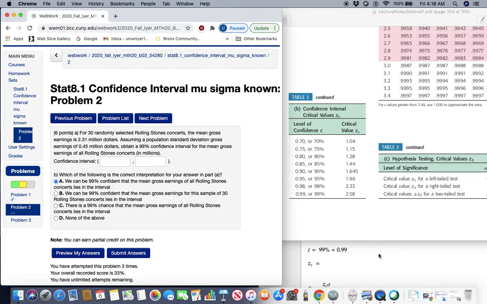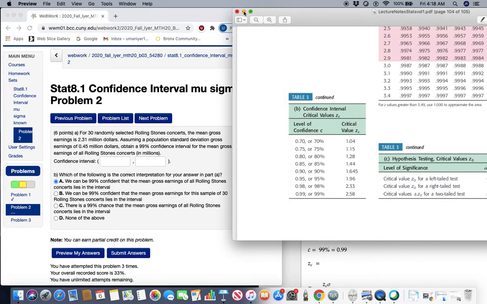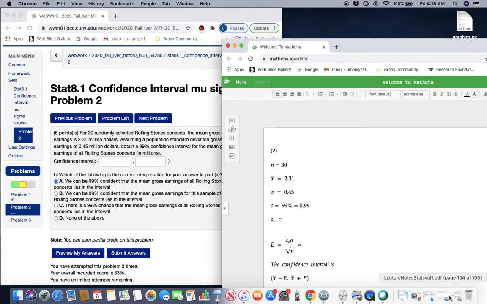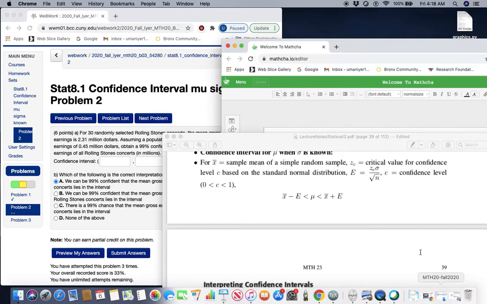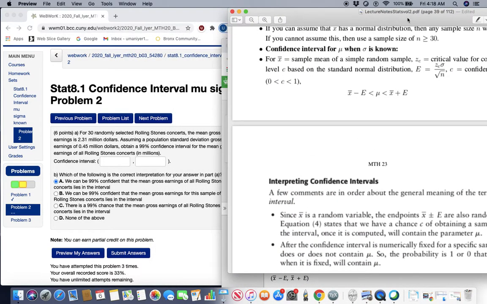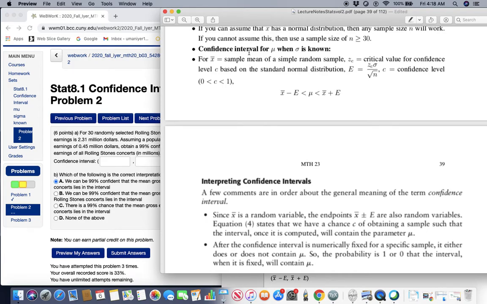So you want to build a confidence interval. Let's go back to the theory here. So what do we know? We want to build a confidence interval for the mean when sigma is known.